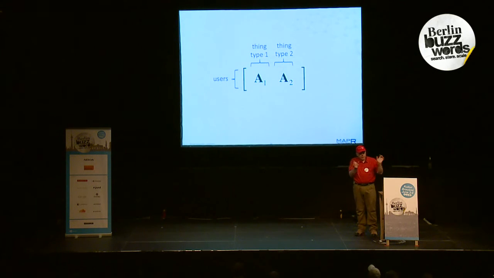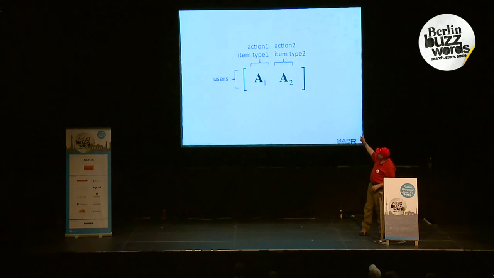Now, instead of doing A and B, we're going to put this all in the same matrix. Later, we'll be able to pull it apart for computational convenience. And we might even have the same type of things, or not, or just have different types of actions. Whatever sort of distinction we want to draw there is fine.